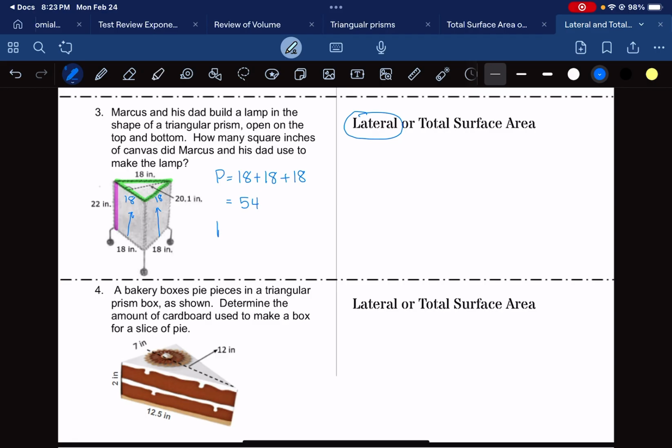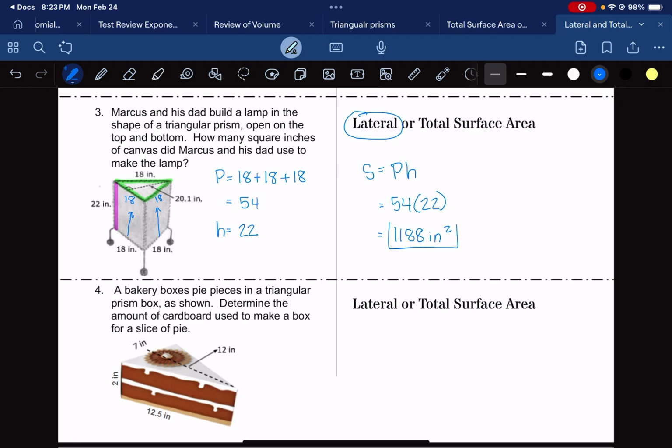And the height would be the height of the lampshade, which is 22. So if you're doing lateral, it'd be surface area equals perimeter times height. So the perimeter is 54 and the height is 22. So 54 times 22, well, that's 1,088, and it's inches squared.